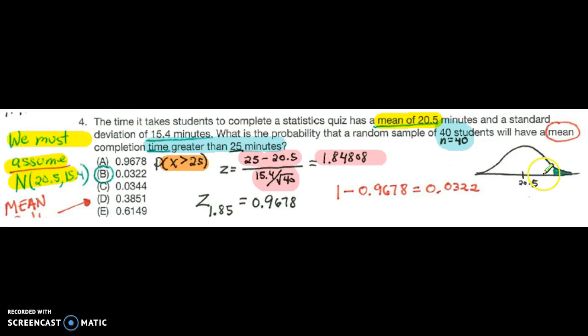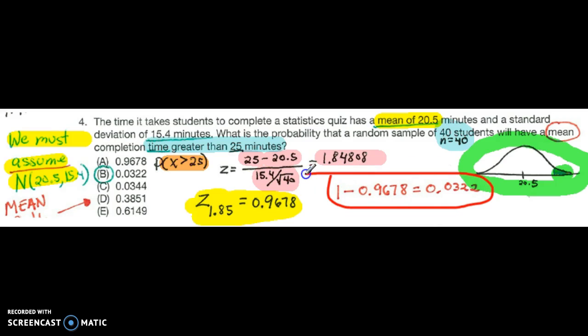I need to draw a picture. Here's my picture. It says greater than, so I'm looking for this area above. Then I look at my z-score of 1.85, and that's what I get. Now I look at my picture. That is not 96%. It's to the right-hand side. That's why I am subtracting it from 1.